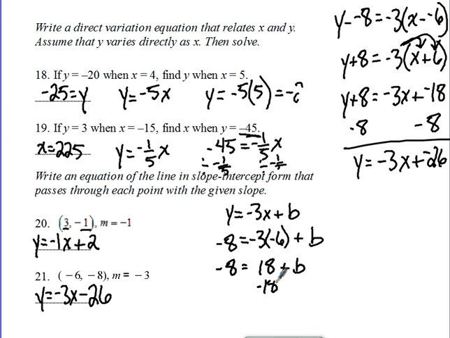Subtracting 18 from both sides to get b by itself, negative 8 minus 18 is negative 26. And negative 26 equals b. And we would rewrite our equation as y equals negative 3x plus our b, which was negative 26. So we got the same equation, either method we used to find the linear equation.